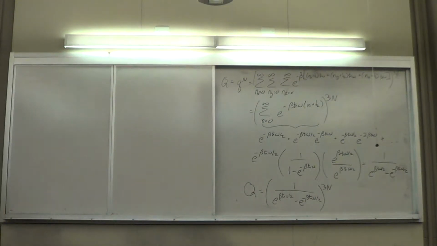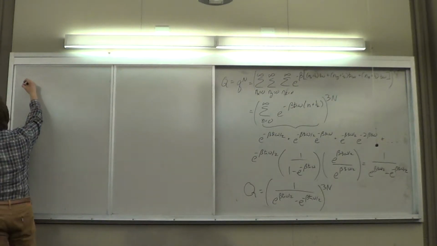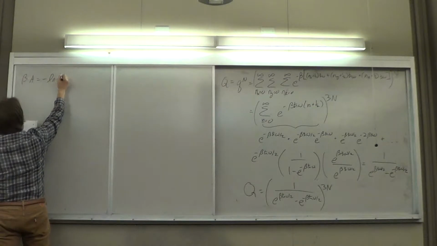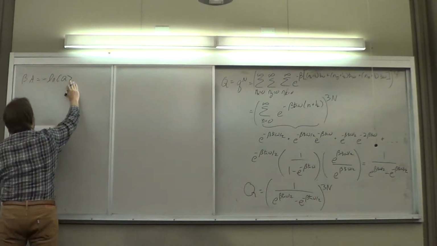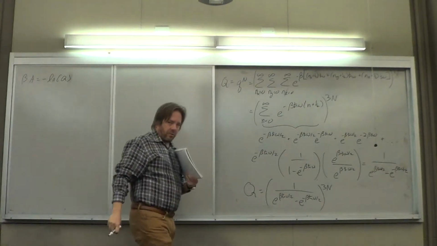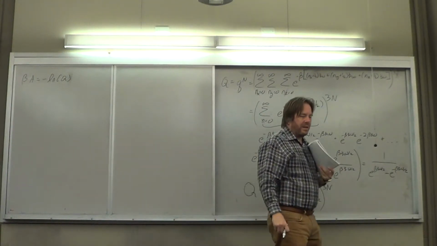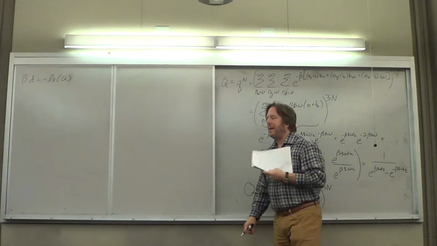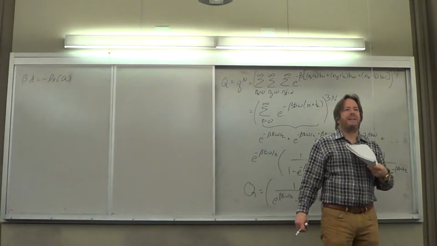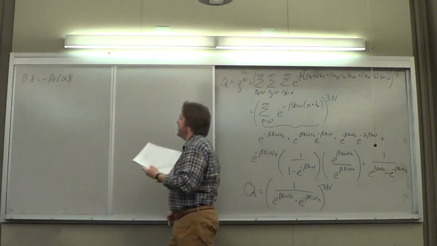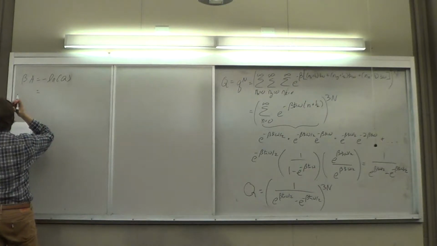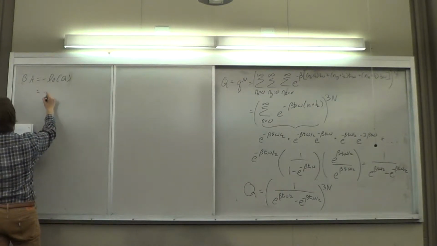Let me take the natural log of the partition function, minus the natural log is the Helmholtz energy. That's great, but Helmholtz energy is not related to heat capacity. Heat capacity is related to internal energy. Internal energy minus Ts is the Helmholtz energy. Anyway, let me write down minus ln q. And that ends up being 3n.